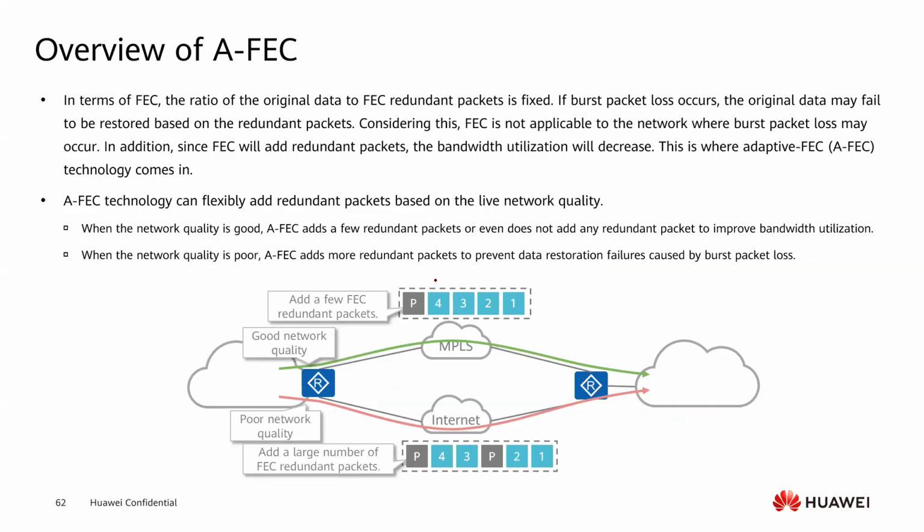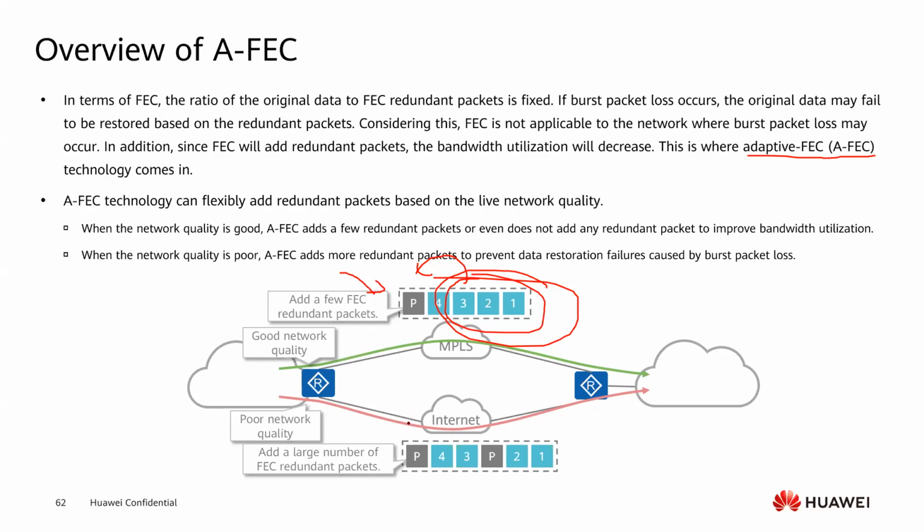For FEC, we actually have two types: one is DFEC, another is AFEC. DFEC means that after a fixed number of packets I create one redundancy packet. AFEC stands for adaptive FEC. Adaptive FEC means that if the network quality is good, then for every 4 packets I create one redundancy packet.